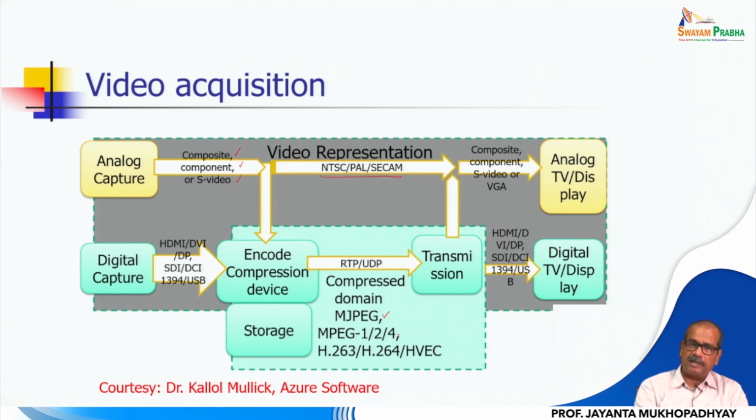Or you can exploit the temporal correlations, not only the spatial correlations, by standards like MPEG 1 to 4, and for higher compression you can have H.263 or H.264 for efficient compression, while also maintaining quality. And HEVC compression is another one, for high definition TV or video frames.